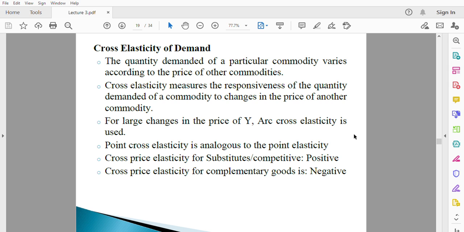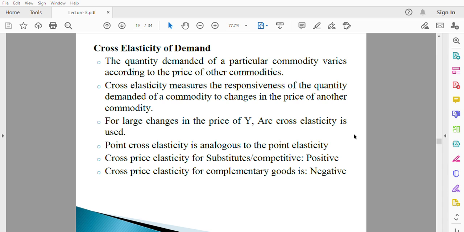There are some other commodities that can be used in place of Milo, like Bonvita, like All Time, other cocoa drinks. We even have cowbell coffee and all that. They can also be used in place of Milo. So the price of the other commodities are also very important.